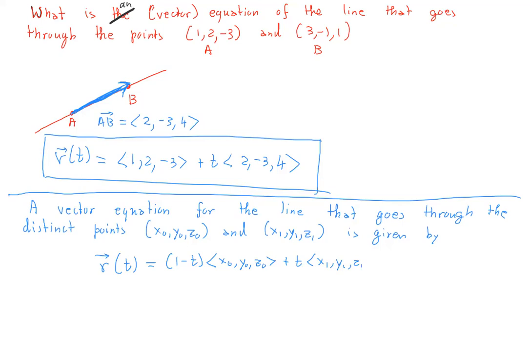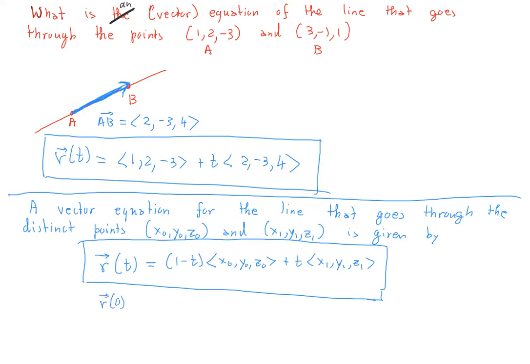And somebody might be a little skeptical of this equation and say, well, why does it work? And it turns out that the easiest way to see that it works is, first of all, it's linear in all the coordinates. So this means right away that it represents a line. And secondly, if you plug in R of 0, you will see that you actually get the vectorization of the first point. If you plug in R equals 1, you get the vectorization of the second point.